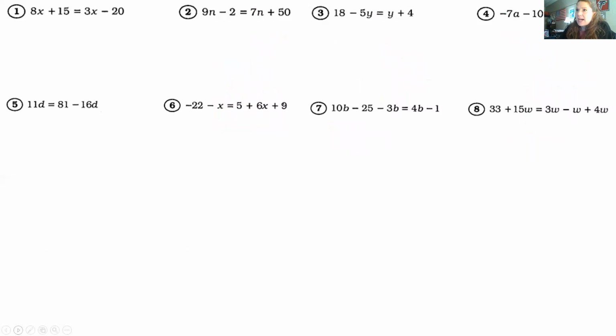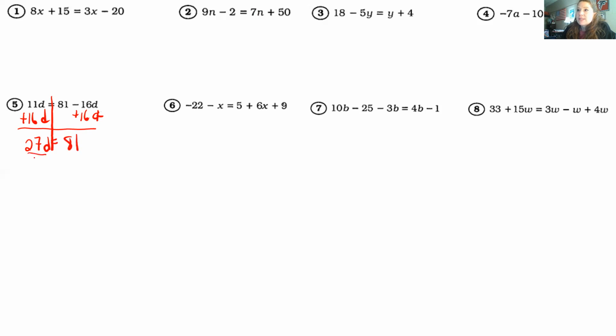All right, number 5. So I'm going to draw a line at my equal sign. I'm going to get rid of my smallest d. So I'm going to get rid of -16d by adding 16d to both sides of the equal sign. I said d, but I wrote an a. So 11 plus 16 would be 27d equals 81.